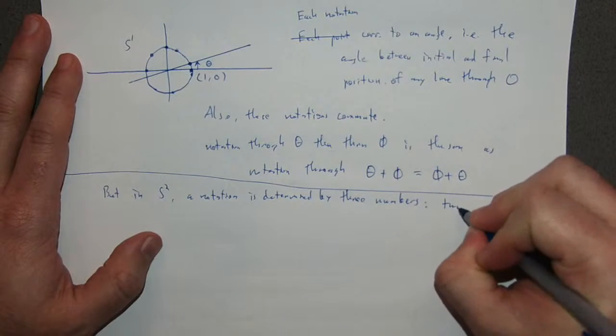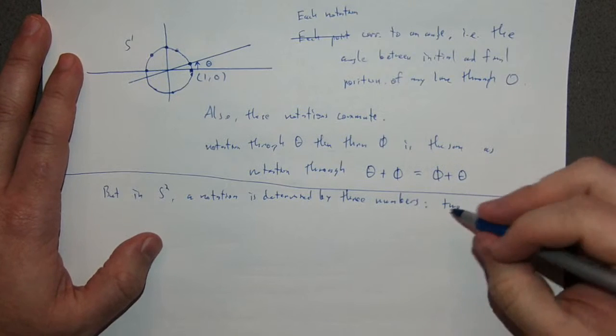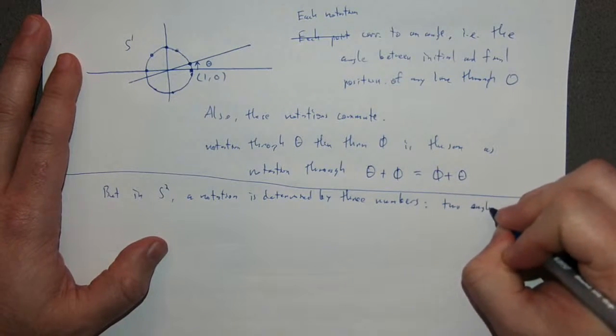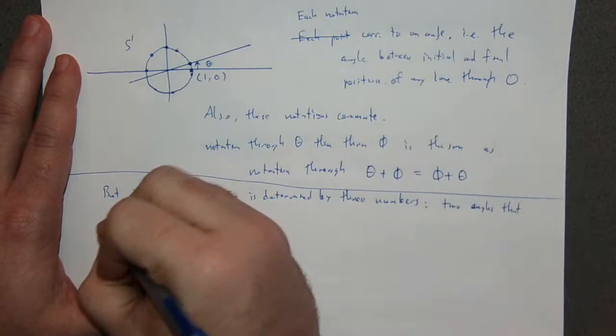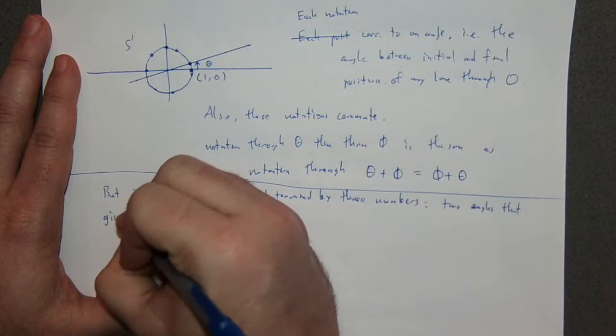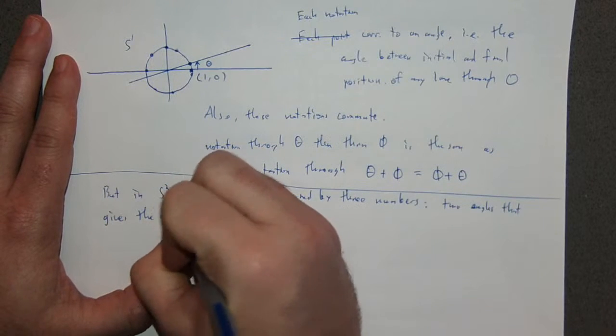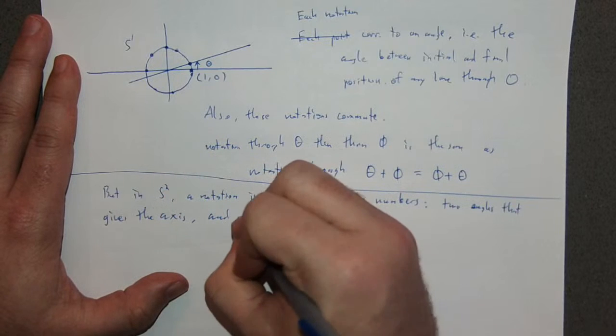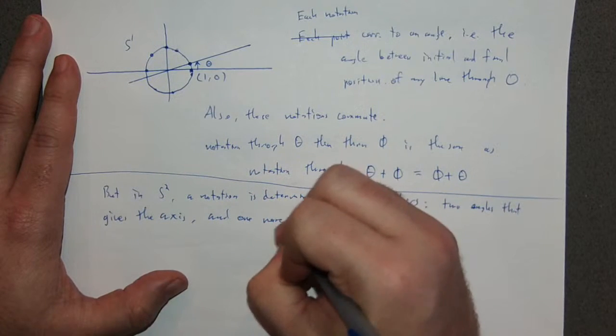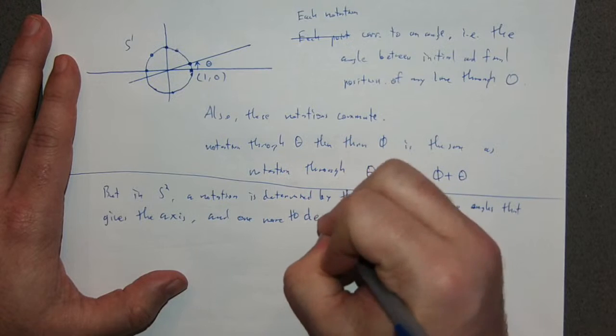So two angles that give the axis, and one more to describe the turn about the axis.